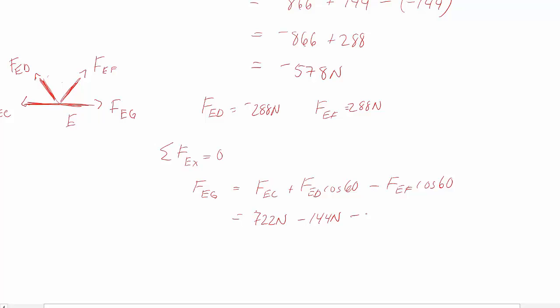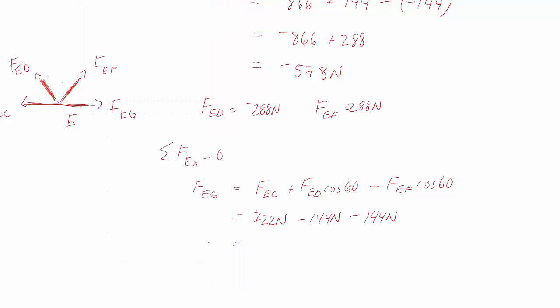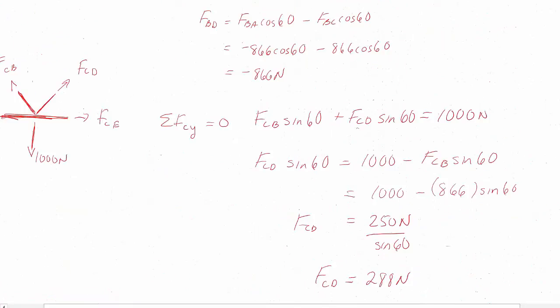That's also going to be a minus, because this is adding a negative number, and this is just subtracting a positive. Okay, so that's 722, 288 minus 434. And that's a positive number as well, so that's also in tension. So we got a lot of tension members here.